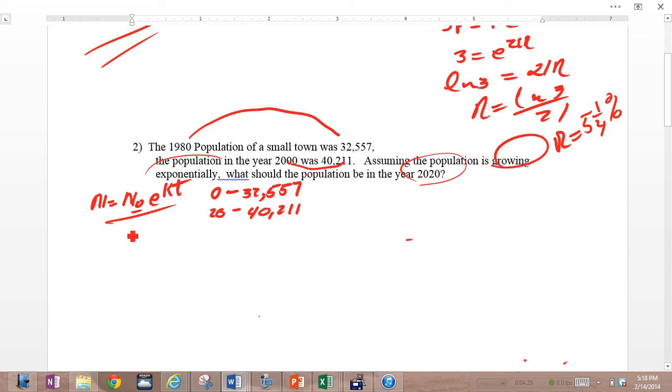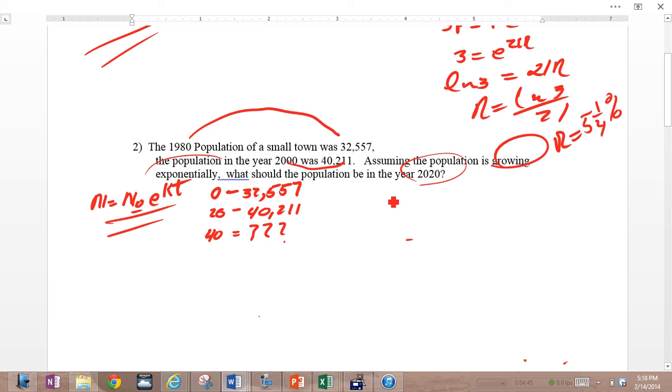Feed that information into the exponential growth formula, N equals n sub 0 e to the kt, and predict the population 40 years from the original. So that's what we're after.